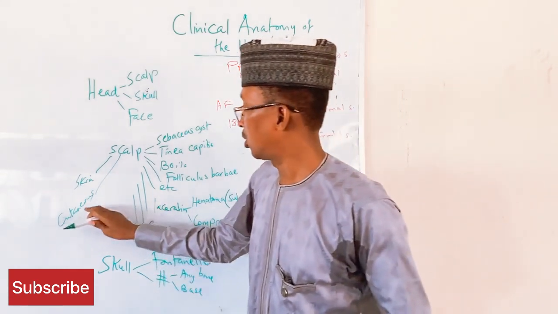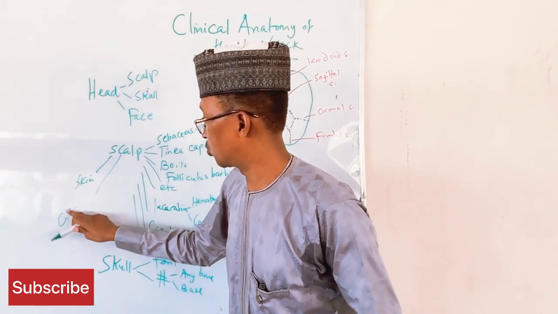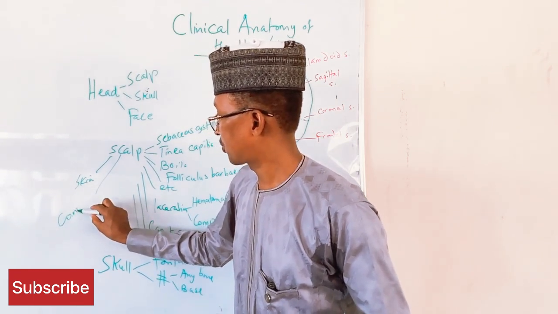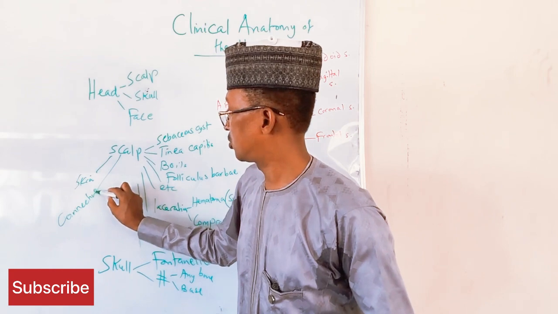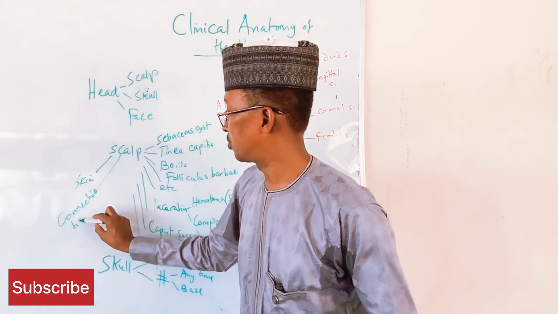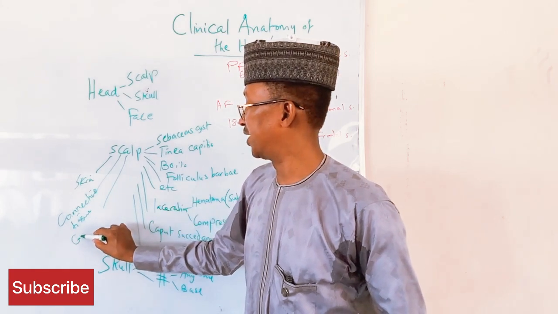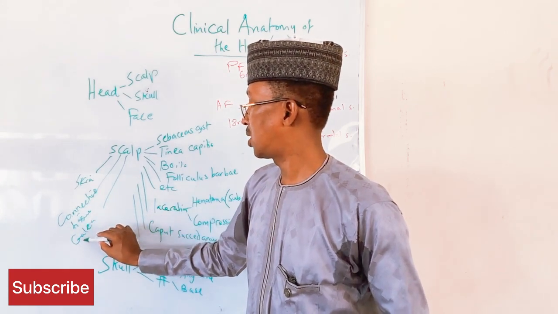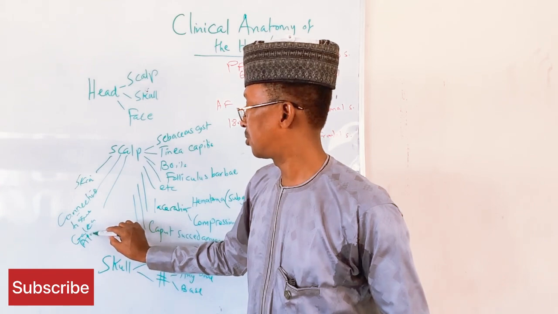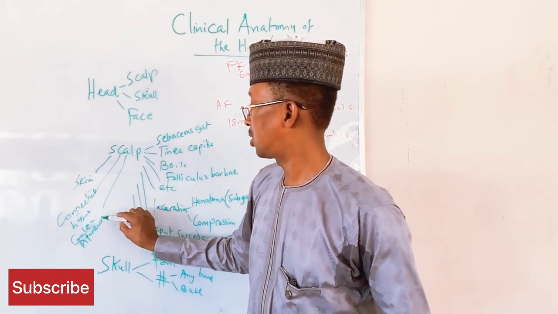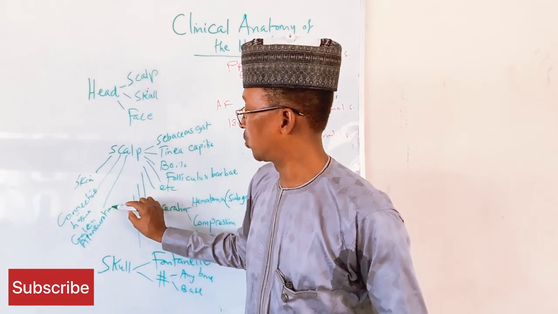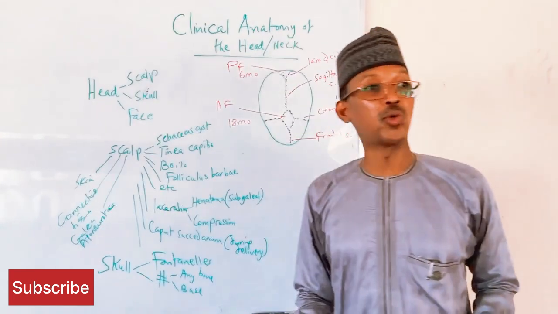Connective tissue. So you have the connective tissue, which is the C. Dense connective tissue. Then A is for the galea aponeurotica. Are you clear? Galea aponeurotica.